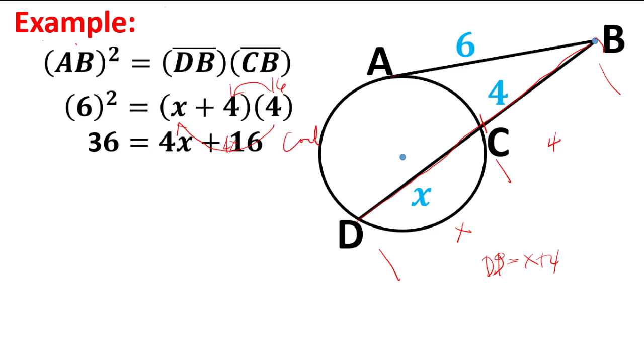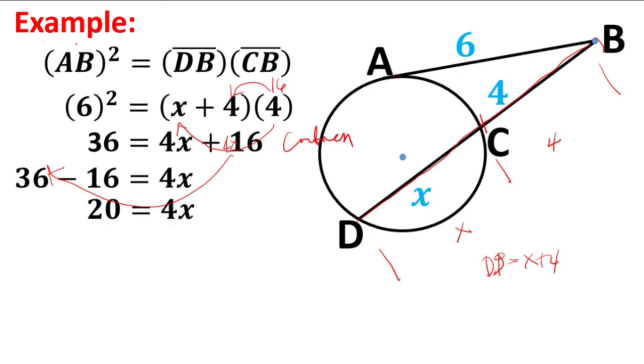And then, combine. Pagsamahin natin yung magkapareho. So, ito pupunta doon. From positive, it will become negative. So, you will arrive with 36 minus 16 is equal to 4x. And 36 minus 16 is 20. Now, to get the value of x, divide both sides by 4. X now is 5.